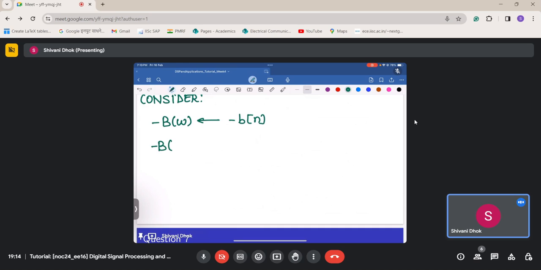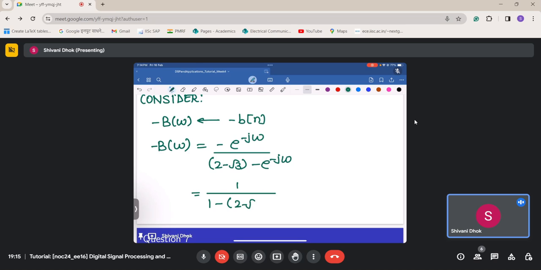So minus b of omega is equal to e power minus j omega upon 2 minus root 3 minus e power minus j omega, which I can write as 1 upon, sorry, 1 upon 1 minus 2 minus root 3 into e power j omega.